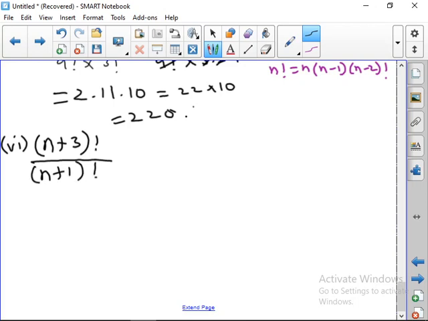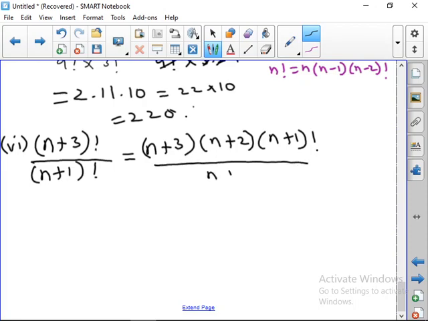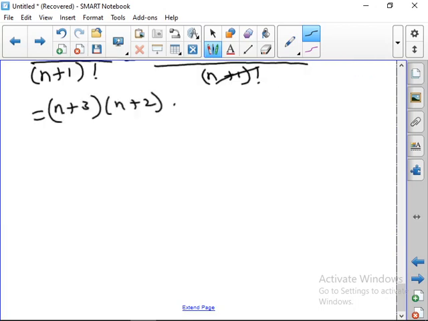This can be written as n plus 3 factorial, the same way, as n plus 3 into n plus 2 into n plus 1 factorial by n plus 1 factorial. So n plus 1 factorial gets cancelled. What is remaining? It is equal to n plus 3 into n plus 2. Then we will go to the 15th question.